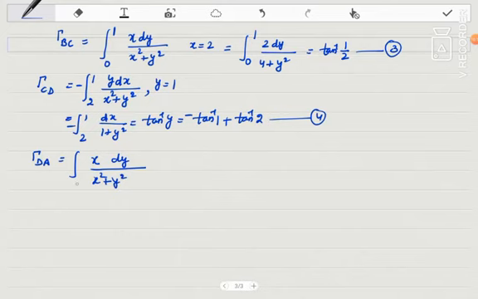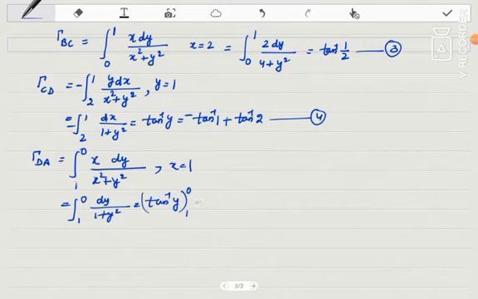Y goes from 1 to 0 and x is equal to fix 1. So it is the integral from 1 to 0 of dy upon 1 plus y square. So it is tan inverse y from 1 to 0, minus tan inverse 1.